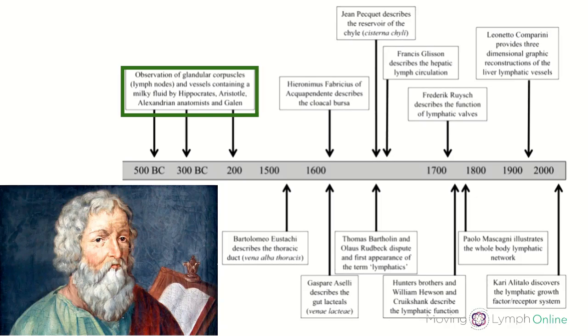These were early glimmers of what we now understand to be lymph and chyle. But centuries passed and discoveries were slow. Religious and cultural taboos restricted anatomical dissection, so much of the lymphatic system remained shrouded in mystery for the next few centuries.